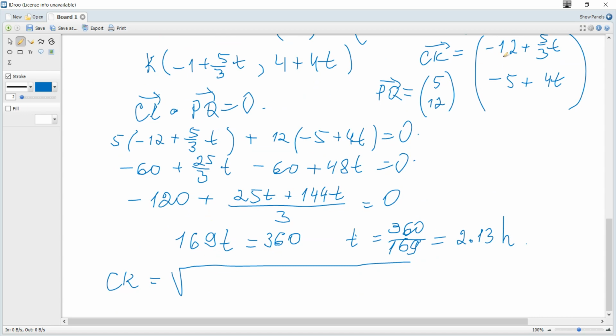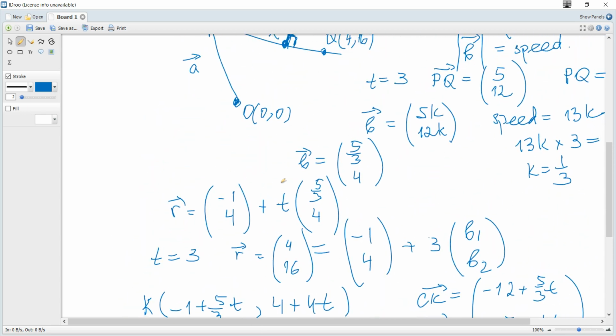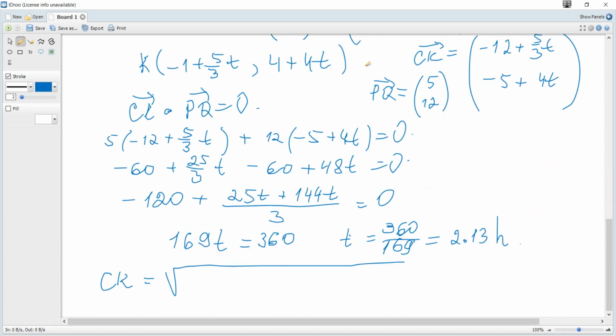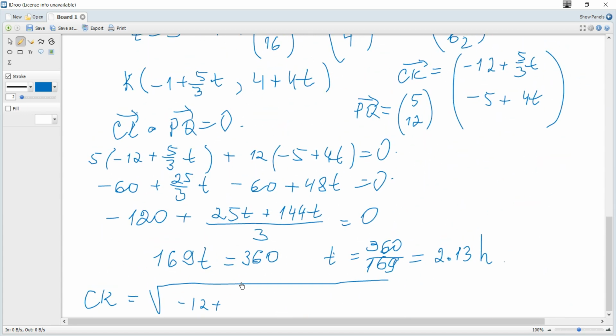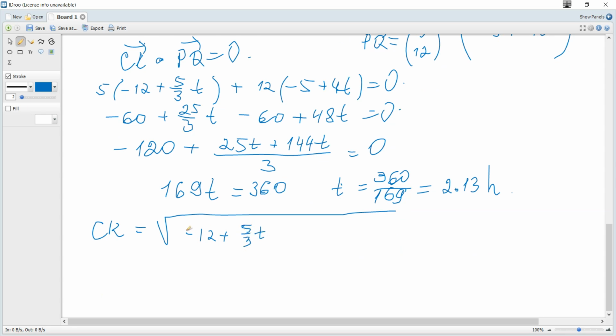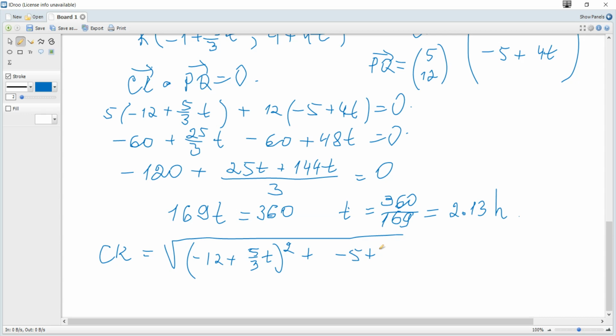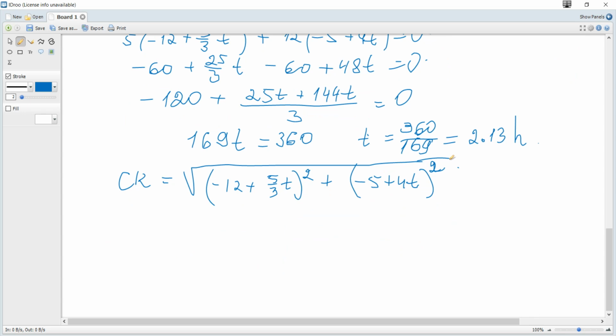So it will be the x coordinate of K minus 11, so it will be the same value, negative 12 plus 5 over 3t squared, plus the y coordinate of K minus the y coordinate of C, negative 5 plus 4t squared. And this distance must be minimum, and minimum or maximum is about a turning point, and at a turning point the first derivative is equal to 0.